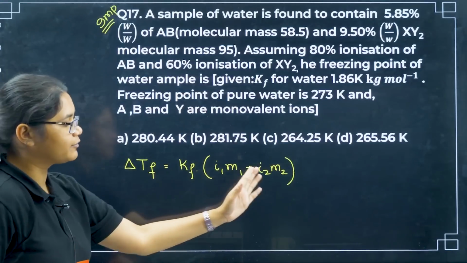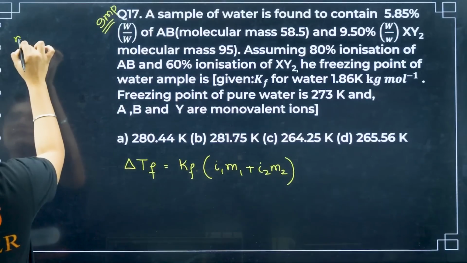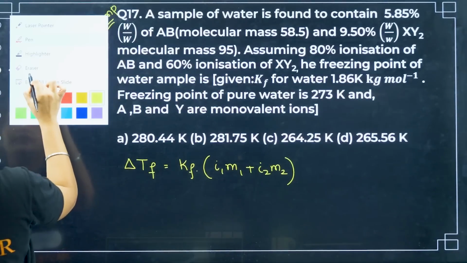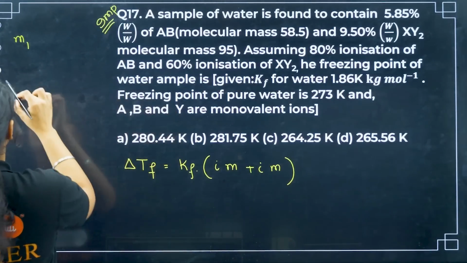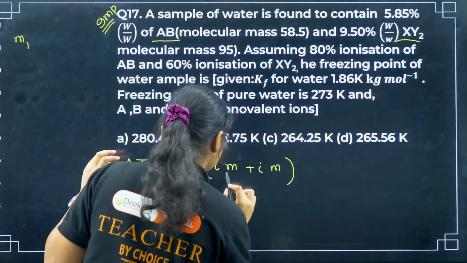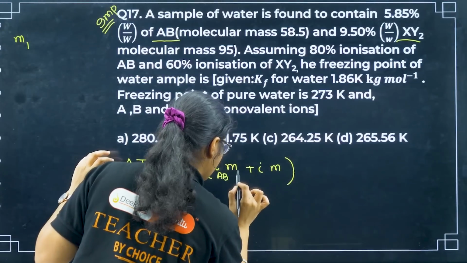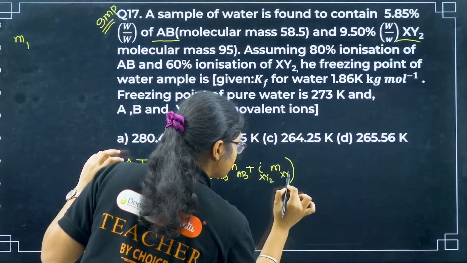So first let us calculate one by one. If I first calculate M1 and M2, or I can just write down the name of the compounds here, so it is AB and XY2, right? So I have IAB and MAB, IXY2 and MXY2.